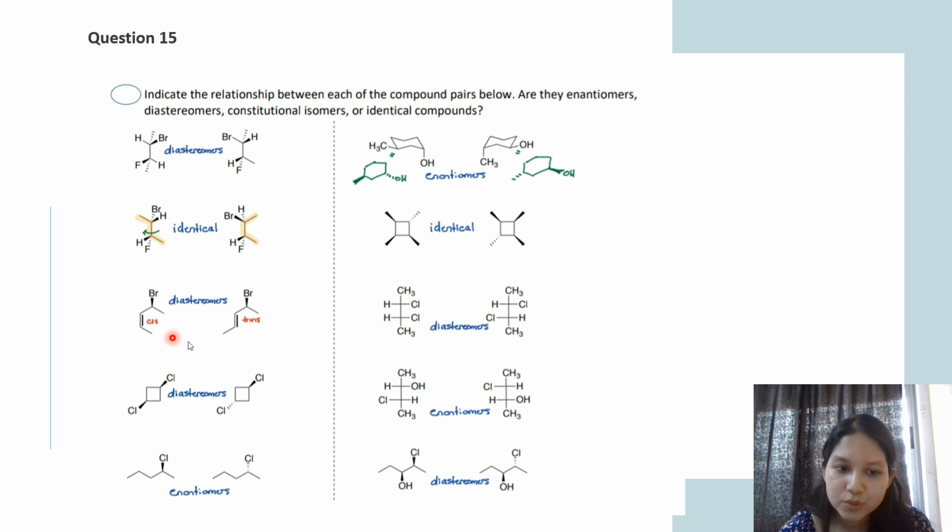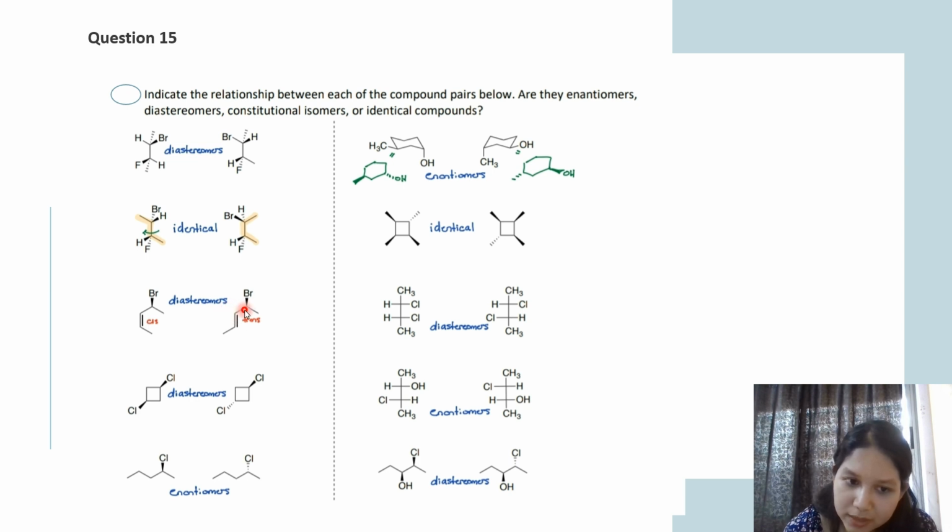For these two, you can see that one is given as cis, where the higher priority groups are oriented in the same direction, and for this molecule the higher priority groups, like this will be 1 and the hydrogen present will be 2, and for this will be 1 and the hydrogen will be 2.